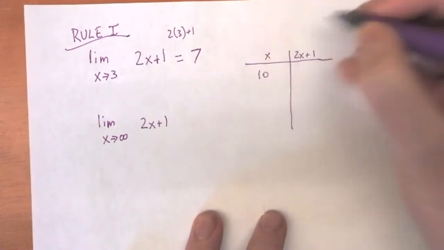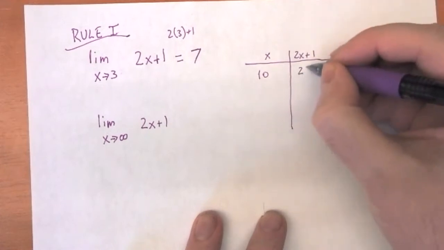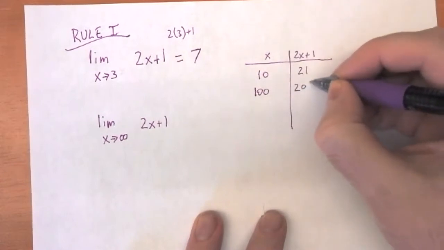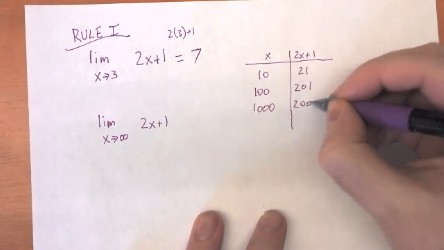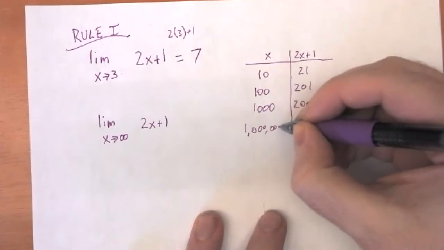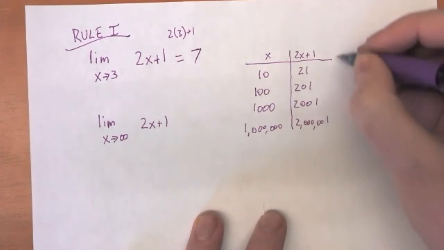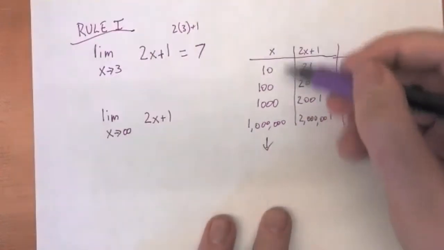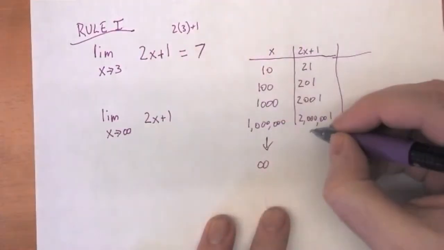If I put 10 into this function, I would have 2 times 10, which is 20, plus 1 is 21. If I put in 100, I would get 201. If I put in 1,000, I would get 2,001. If I put in 1,000,000, I would get 2,000,001. So as my inputs are approaching infinity, what are my outputs approaching?